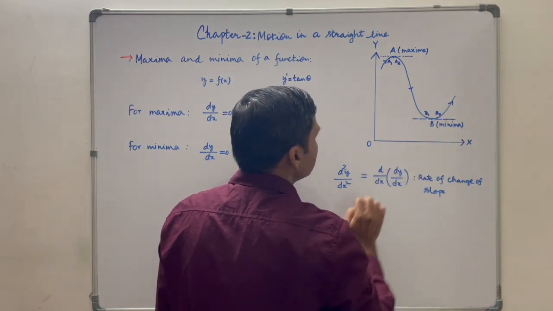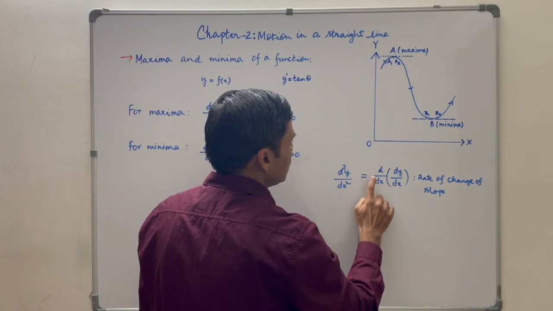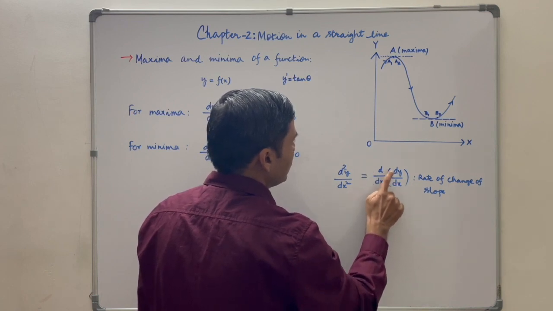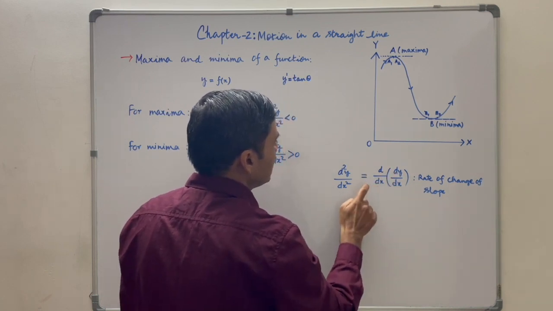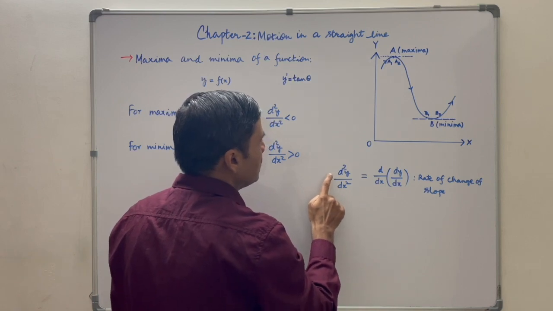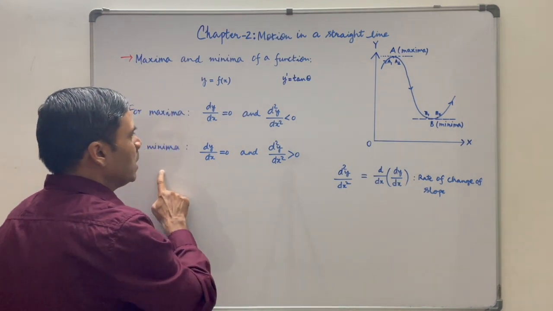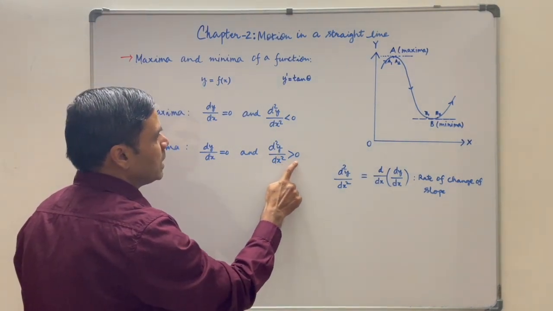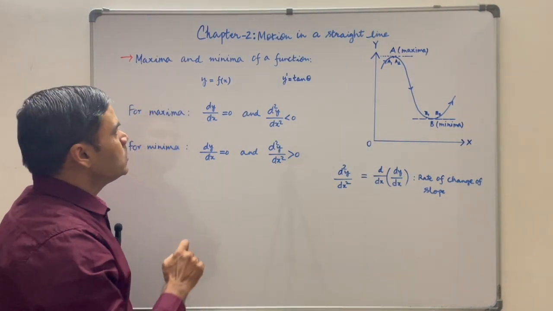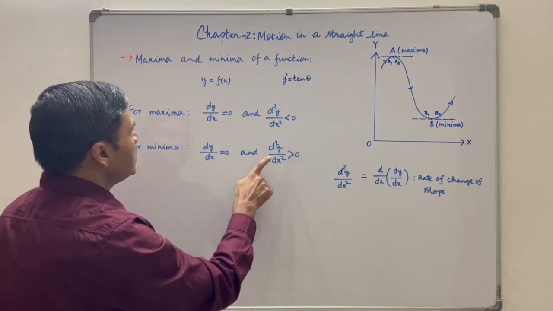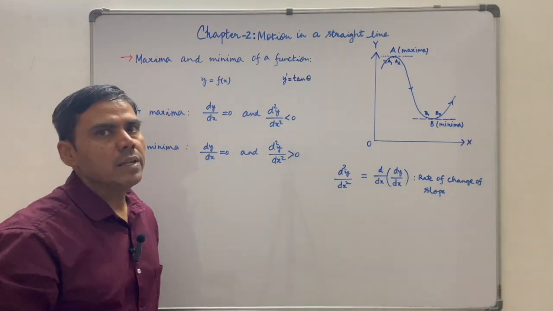So it is increasing, and the rate of change of slope is given by d by dx of dy by dx, which is nothing but the double derivative of y, means d square y upon dx square. So in case of minima, d square y upon dx square is greater than 0. So you need to remember these conditions for maxima and minima.